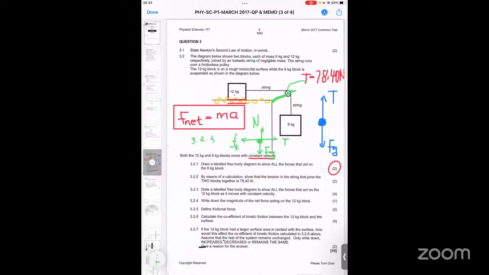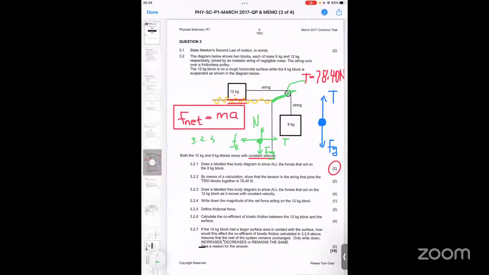of 3.2.3. So now they say write down the magnitude of the net force acting on the 12 kg block. Can you guys see this type of questions? No one is saying calculate anything, so just leave the calculator alone. They are saying write down the magnitude of the net force acting on the 12 kg. So you need to write it down.